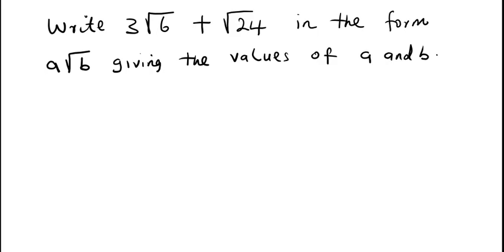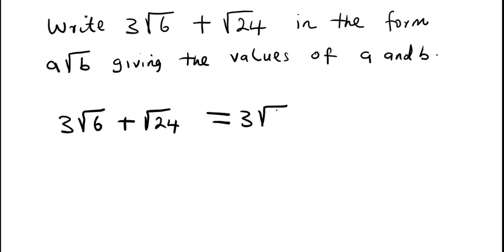The first thing is to write out the question. We have 3 root 6 plus root 24. So this will give us 3 root 6, because 6 is not a perfect square, plus here 24.